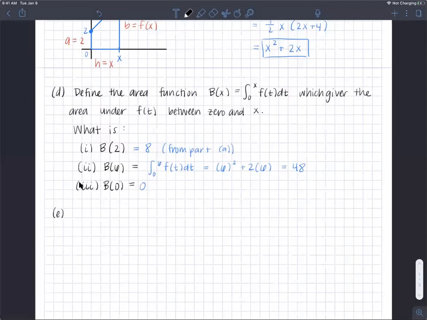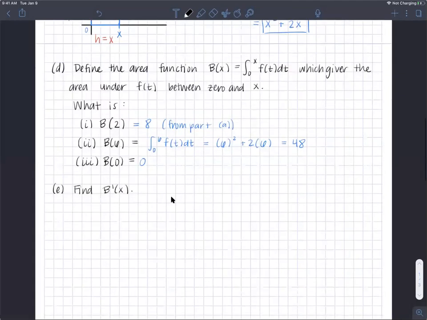Part E here asks us to find the derivative of capital B. What is the derivative of this going to be? Here, what it's going to look like is I'm taking the derivative of the integral from 0 to x of f of t dt.